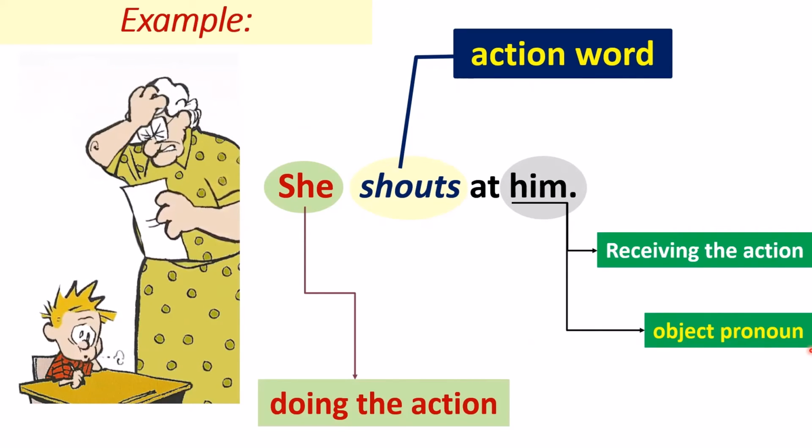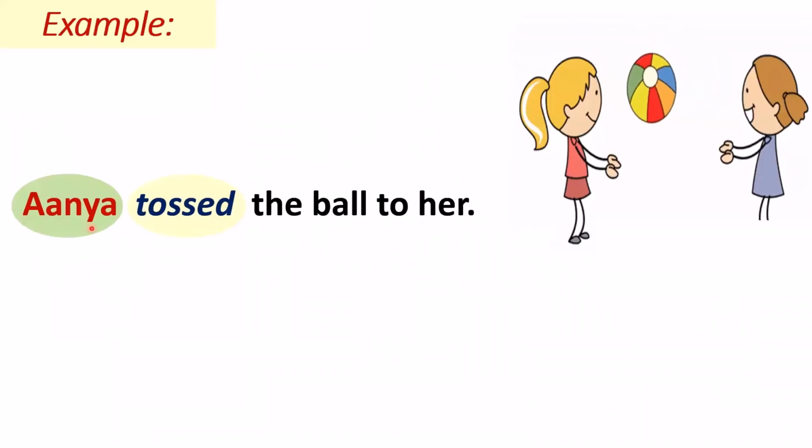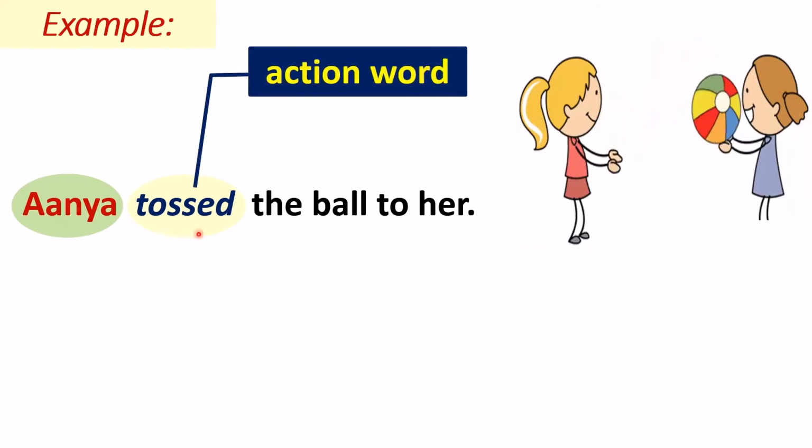Next example, children. Anya tossed the ball to her. Now again in this sentence, children, identify the work done. Here the action word is tossed. The effect of this action word is falling on whom?